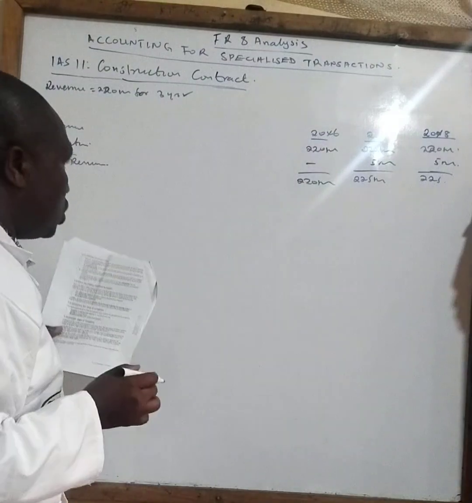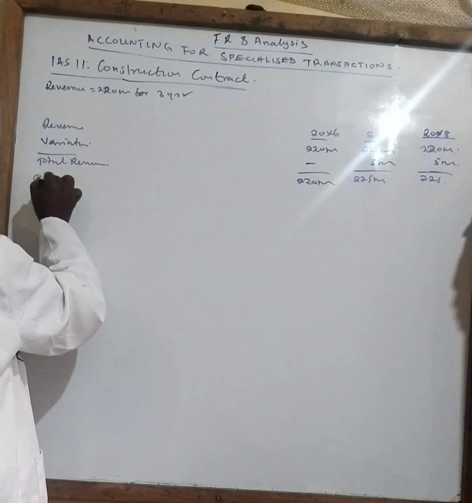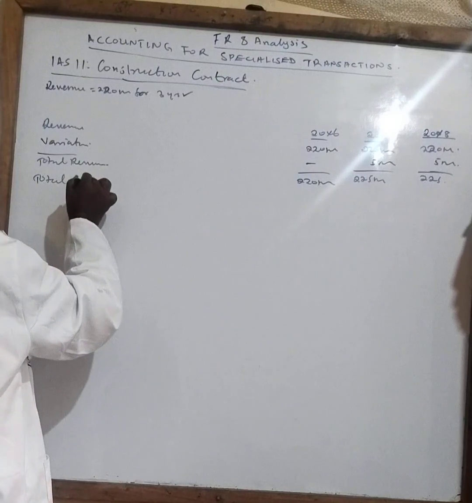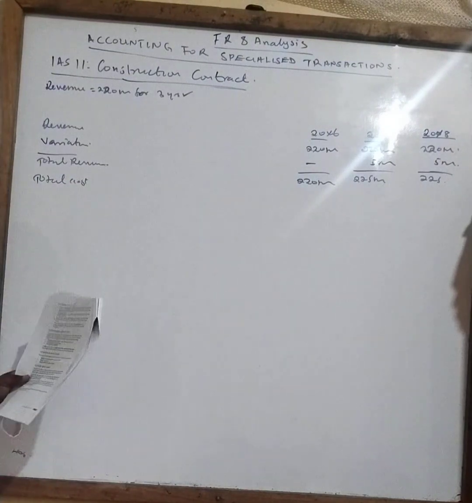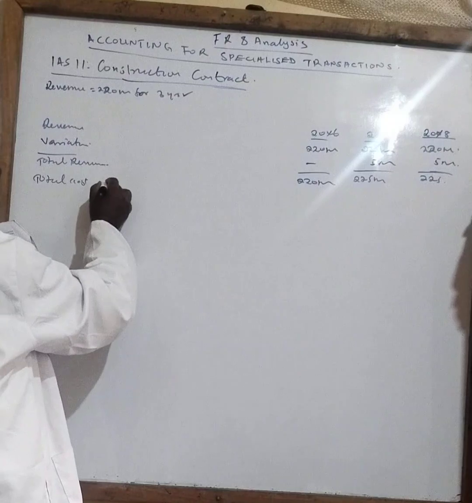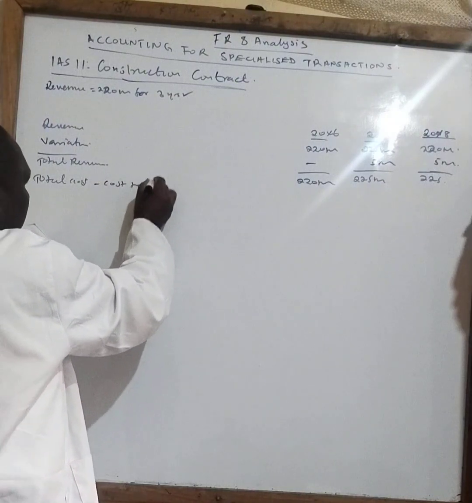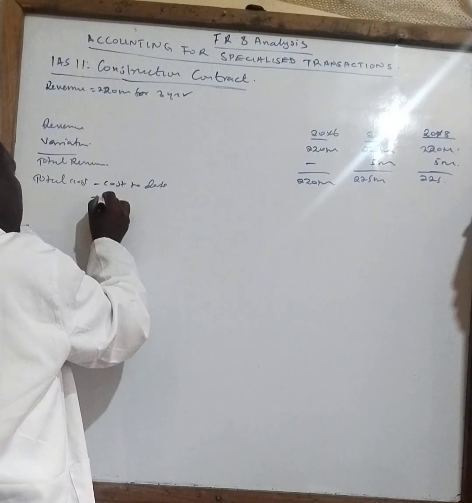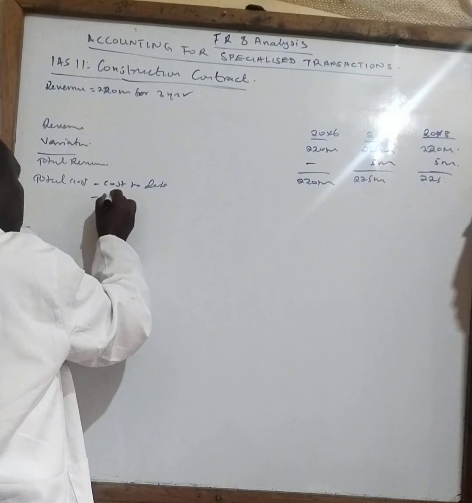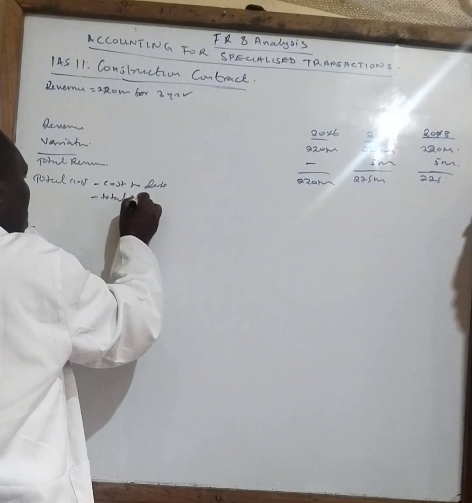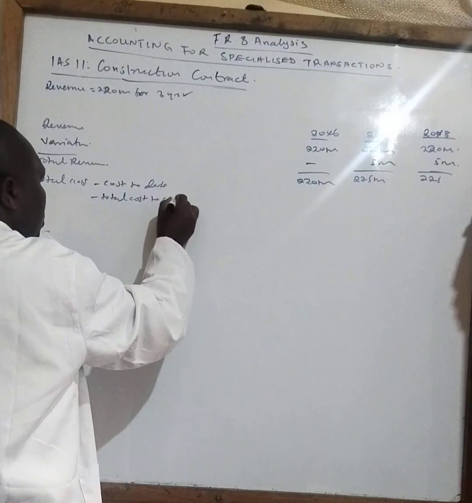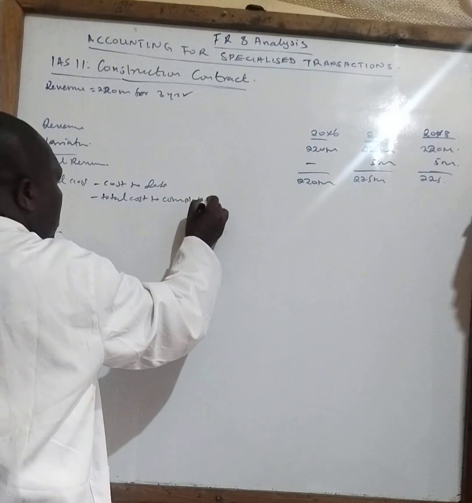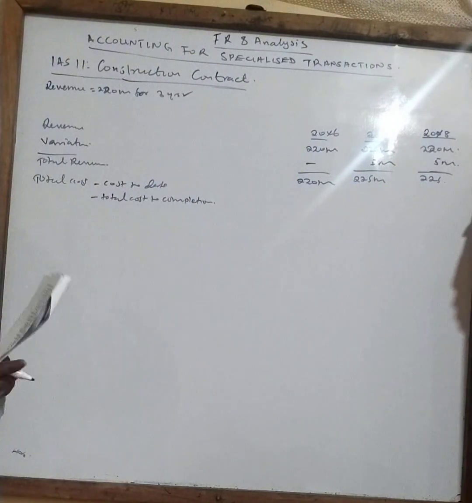Then we list now the total cost. Total cost in this case is made up of two: cost to date and total cost to completion. That is what we have been told.